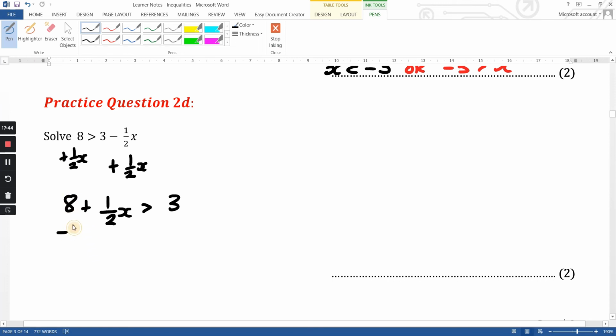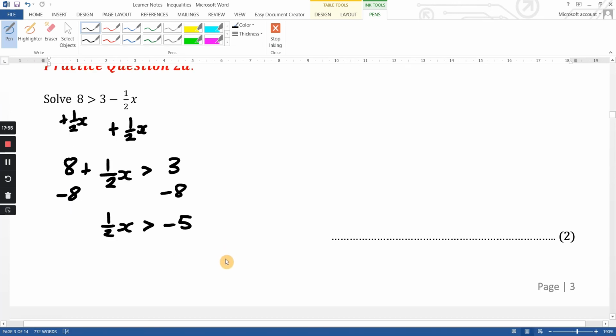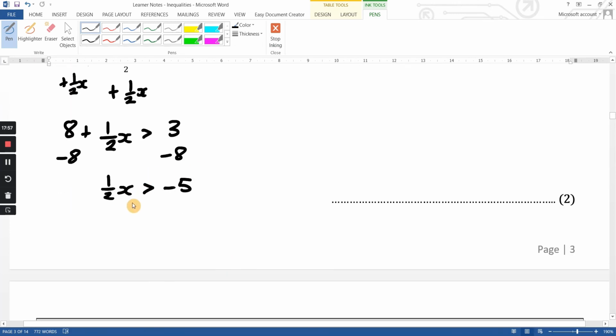Now let's minus 8 to both sides. So I've got half x is greater than minus 5. So now I've got half an x. I just want one x. I'm going to have to double it. So let's double that. I'll get a whole x, which is what I want. Greater than symbol is still the same. And I've got minus 10. So x greater than minus 10.